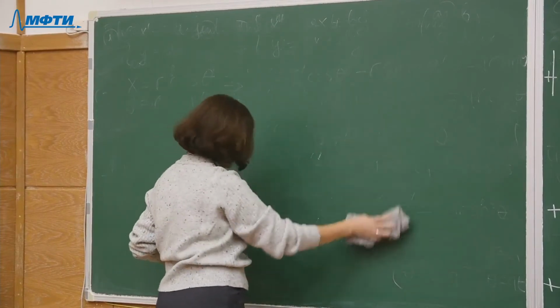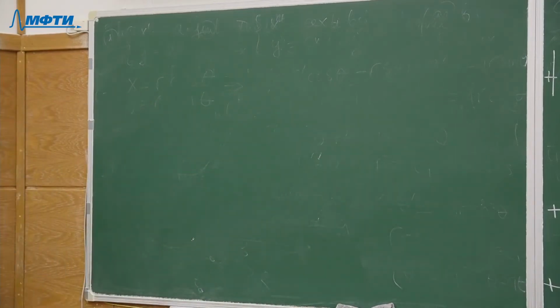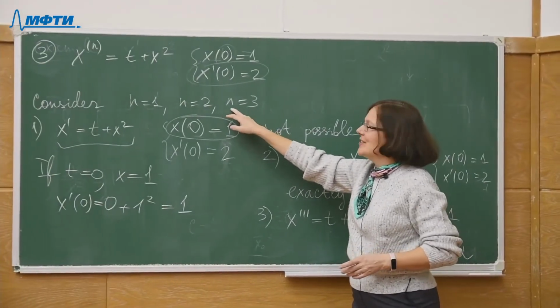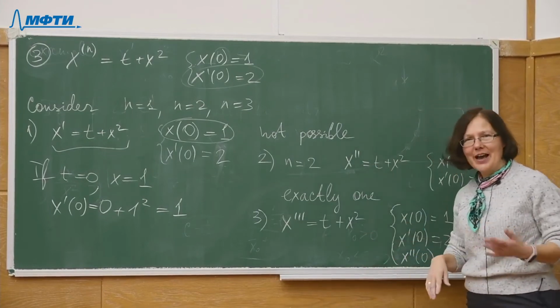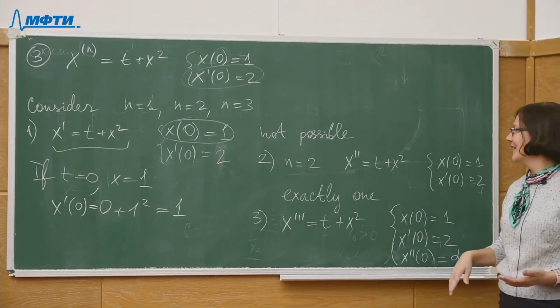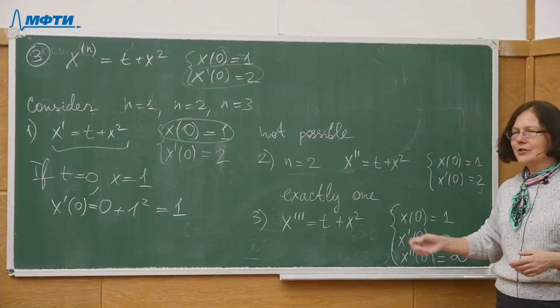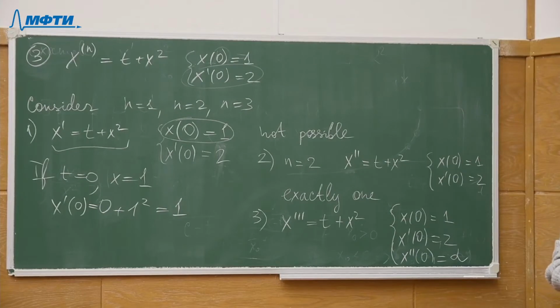So the question was, what happens if n is greater than 3? I'd like to repeat the question: if n is greater than 3, how many solutions do we have? And the answer is infinite, right? If we have x4, the fourth derivative, if n equals 4 and we have 4 initial values.